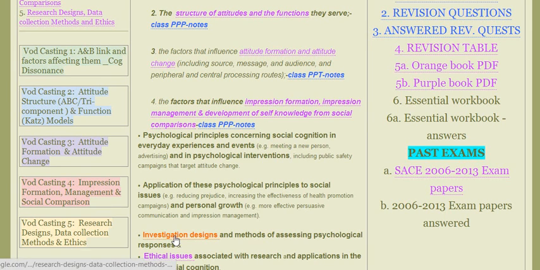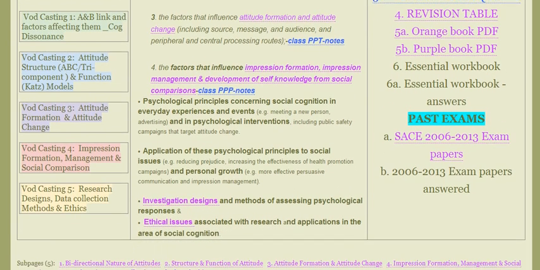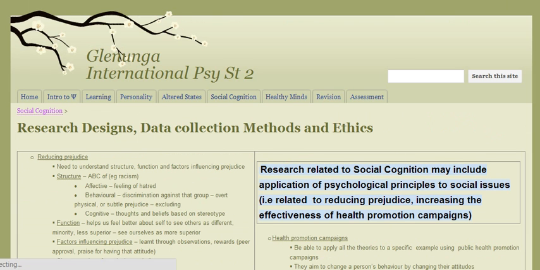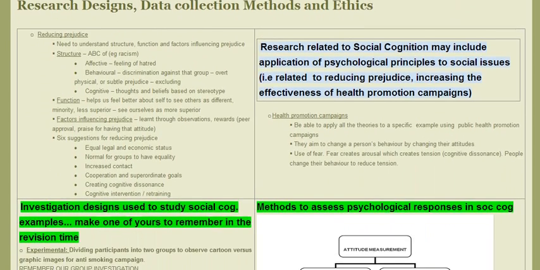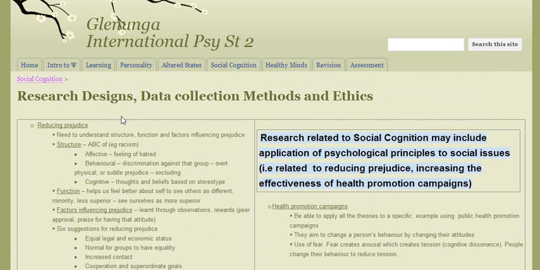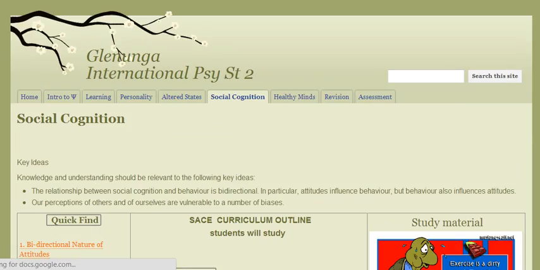We're also going to discuss the investigation designs and the methods used in this very sensitive area to collect psychological data, and all the ethical issues related to this. If we go to the investigation designs, we're going to discuss the methods of assessing and what kinds of designs we can have, experimental, quantitative, or whatever else is possible.